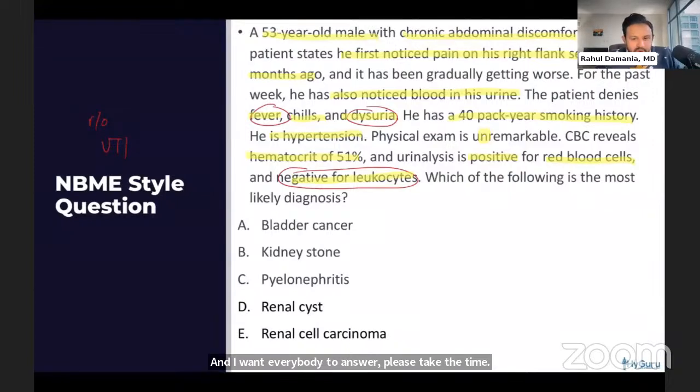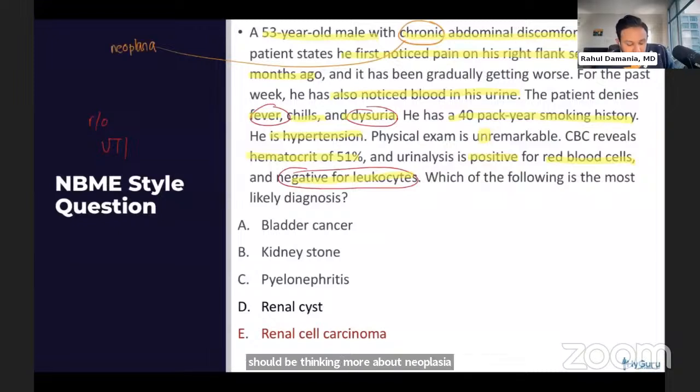Excellent. If you're saying renal cell carcinoma, you are absolutely correct. Now, I want you all to really recognize here that tempo matters a lot. Whenever you see a chronic tempo, you should be thinking more about neoplasia.